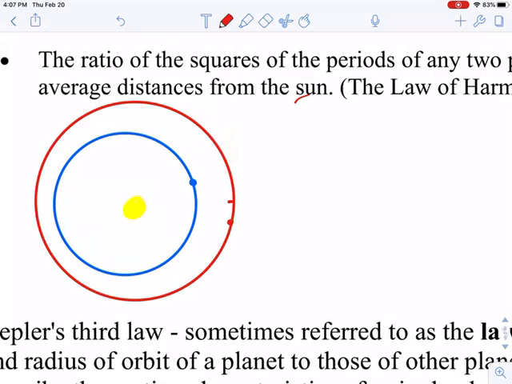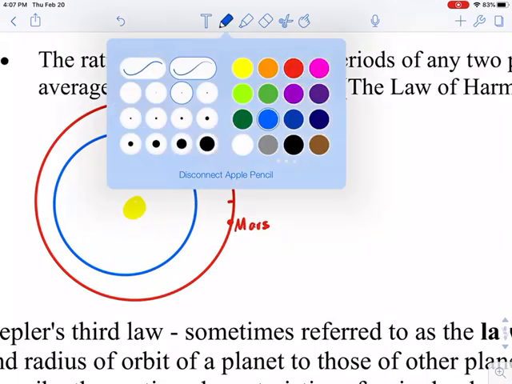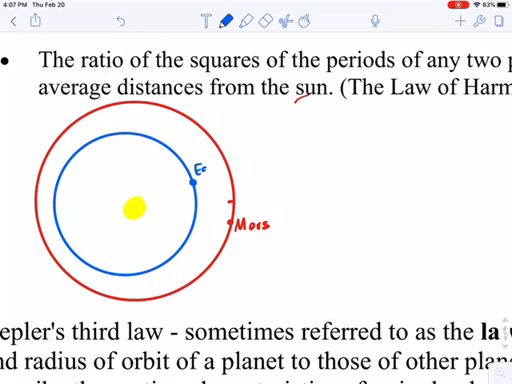There we go. Okay, so here's Mars, Earth. So Earth and Mars have different distances from the sun. So I'll call this R sub E for the orbital radius of the Earth, and I'll call this R sub M for the orbital radius of Mars.